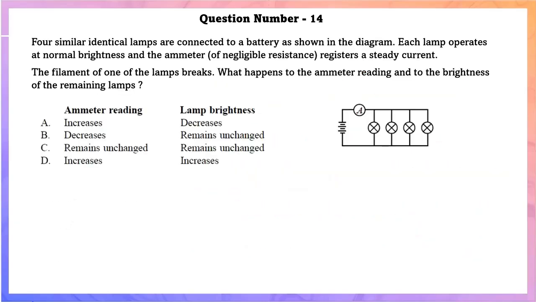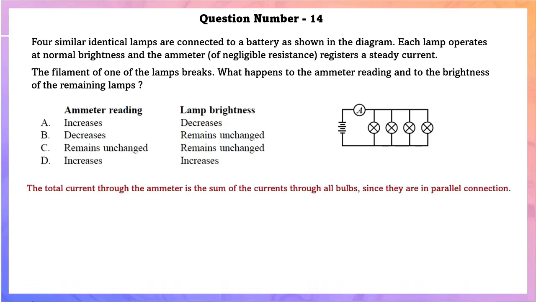Question number 14. 4 identical lamps are connected to a battery as shown in the given diagram. Each lamp operates at normal brightness and the ammeter of negligible resistance registers a steady current. The filament of one of the lamps breaks. What happens to the ammeter reading and to the brightness of the remaining lamps?